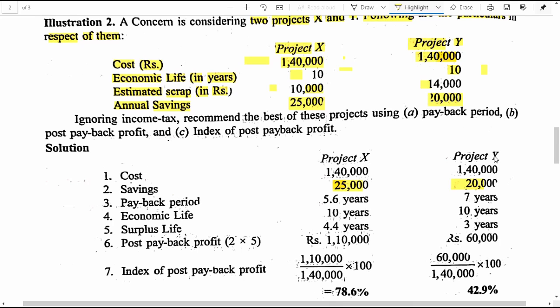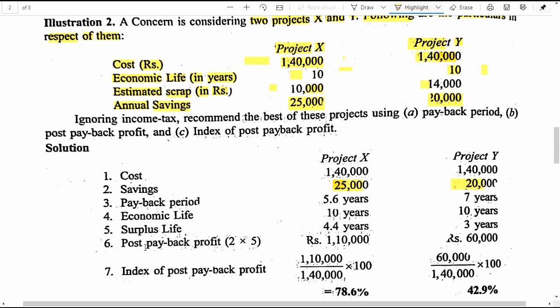For project Y, the investment is 1,40,000. The savings per annum is 20,000 rupees. So 7 years into 20,000, we can exactly recover the total investment made on project Y in 7 years time. So 7 years is the payback period for project Y. Now economic life for both the projects given in the problem is 10 years.